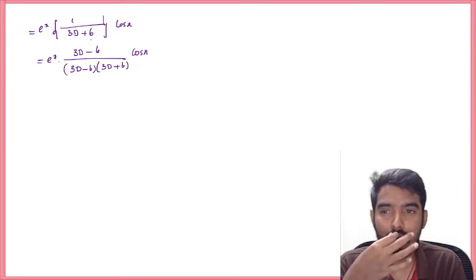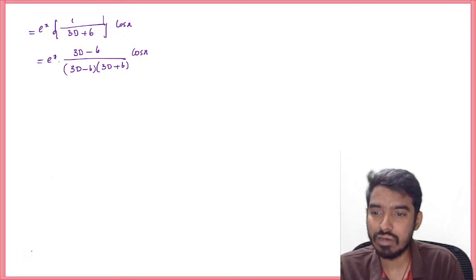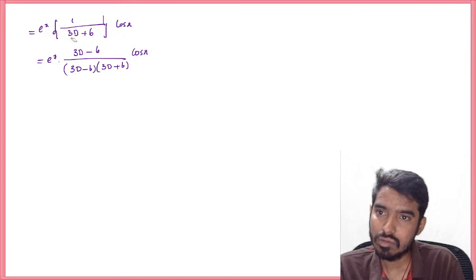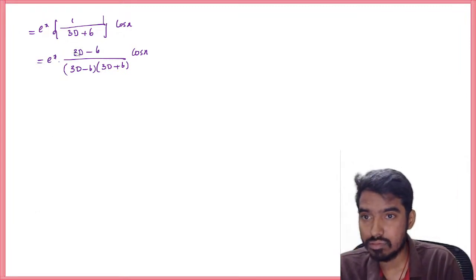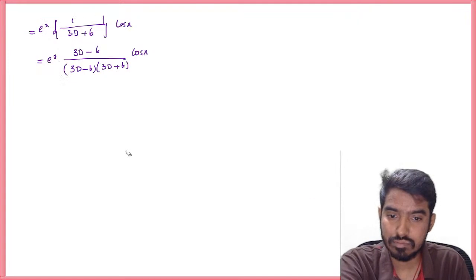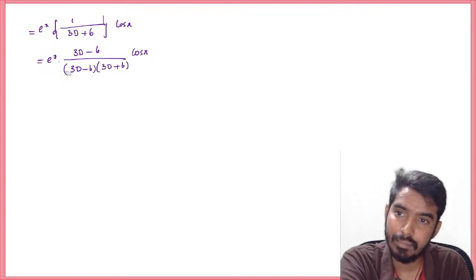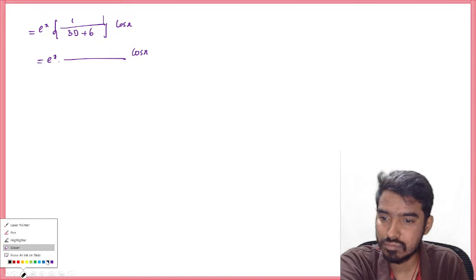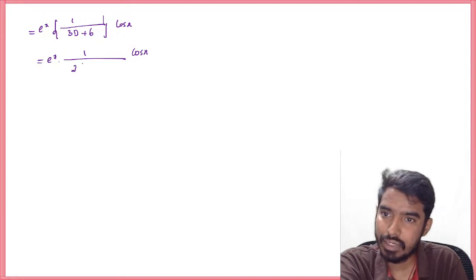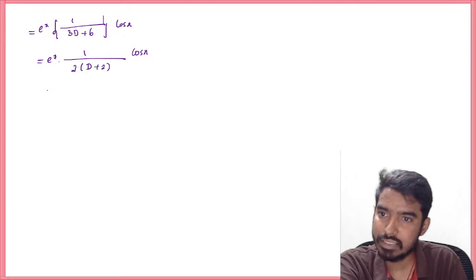Or you can take 3 outside, it will be easy. If we take this 3 outside, we will have 1 by d plus 2, right? In case it will be easy. So 1 divided by d plus 2, cos x.